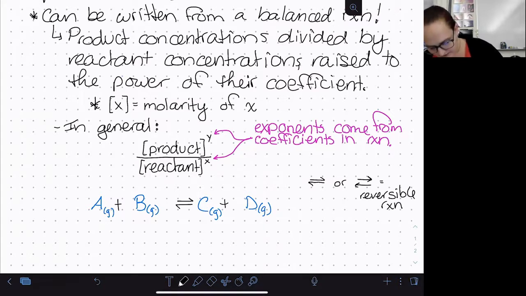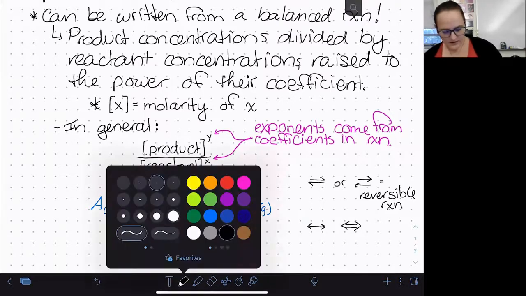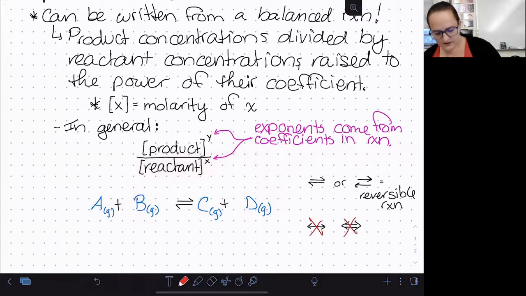Note that this is different from this. It is different, let's see if I can do this better, from this, that these are incorrect and mean different things and are not what you want. Two separate arrows pointing in opposite directions, not a single arrow pointing in both.